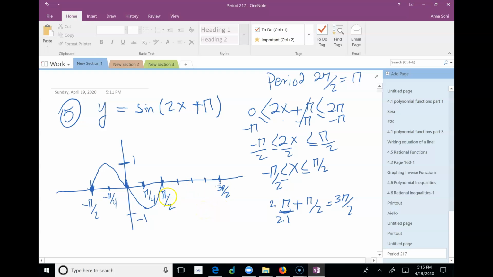Then you can find half of these by adding them together and dividing by 2, and so on and so forth. Or again, you could add pi/4s because that's the length of each increment. So this is gonna be 3 pi over 4 if you're adding pi over 4 to pi over 2. Adding another pi over 4, it's gonna be 4 pi over 4, which is pi. Adding another one, it's gonna be 5 pi over 4.